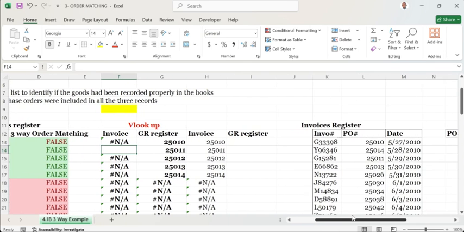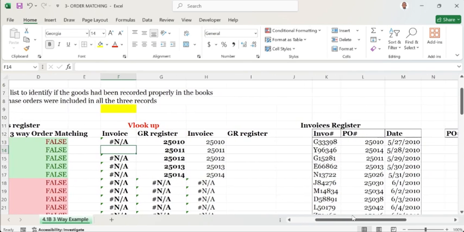Unaona hii imeharibika hapa, imeharibika hapa, ndio imepick hii.